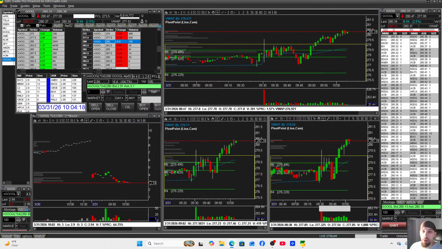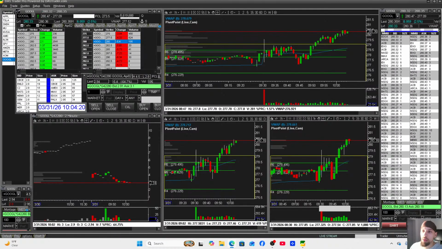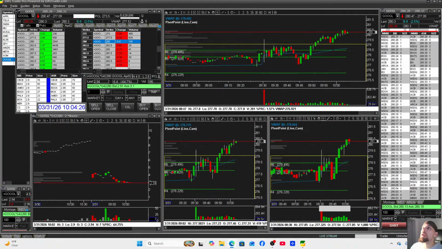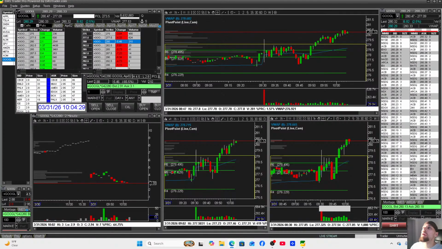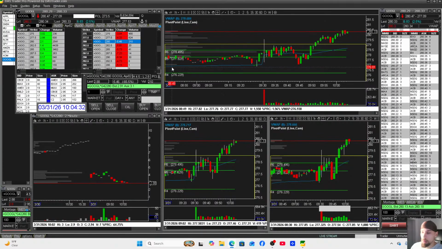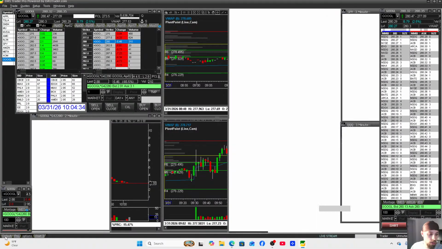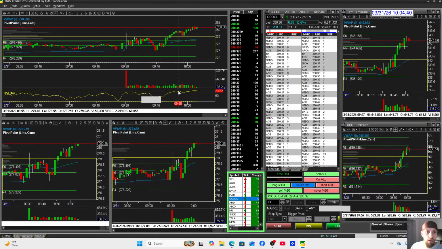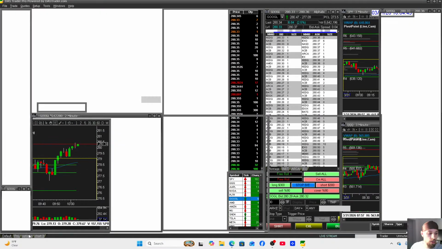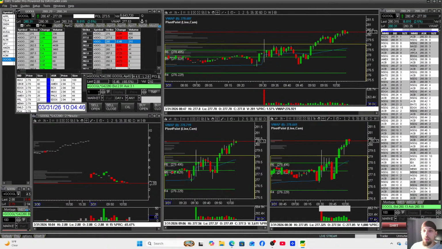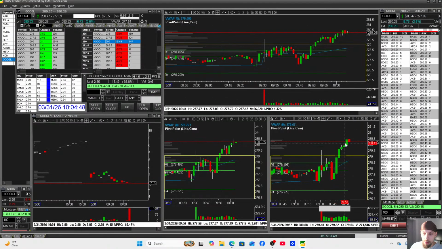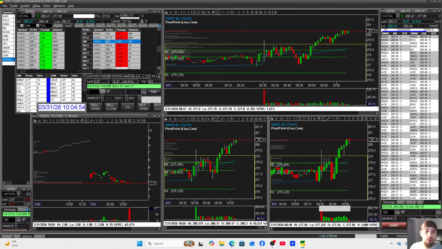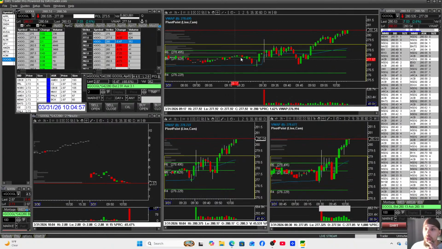The ladder looks more bearish on Google here. Let's go to Google. Definitely overbought conditions here. Still pushing up.